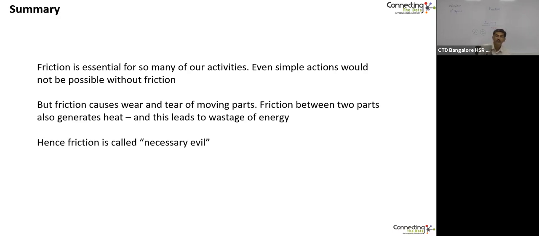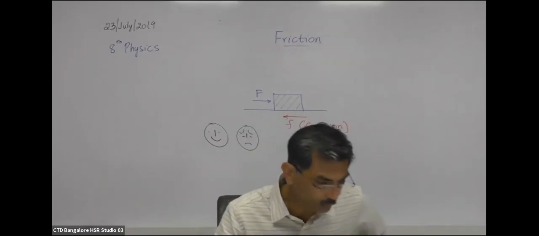But friction also causes wear and tear of moving parts. Friction between 2 parts generates heat, which is a waste of energy. So there are situations where we need friction, but it also causes problems. Hence, friction is called a necessary evil. And that is what we learned today.